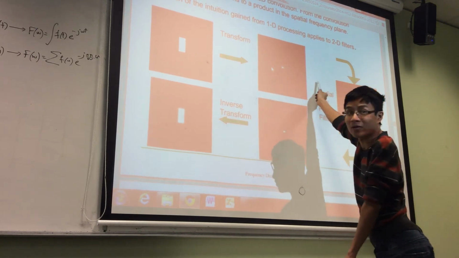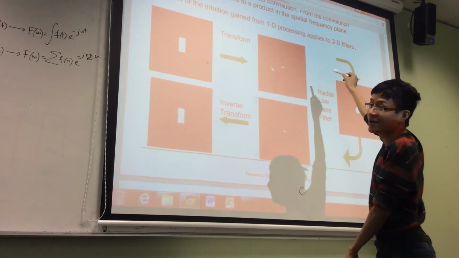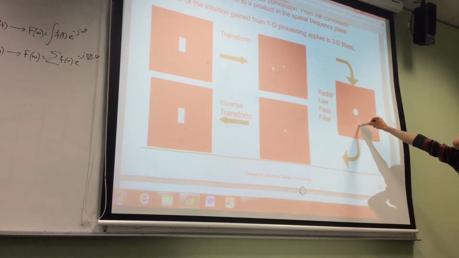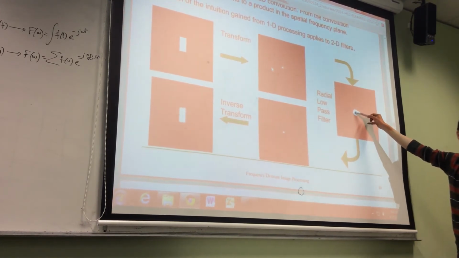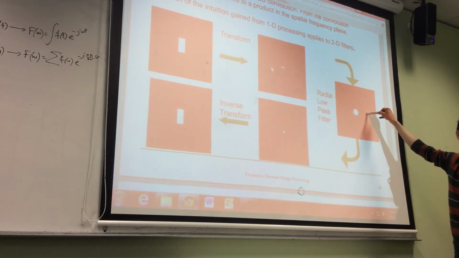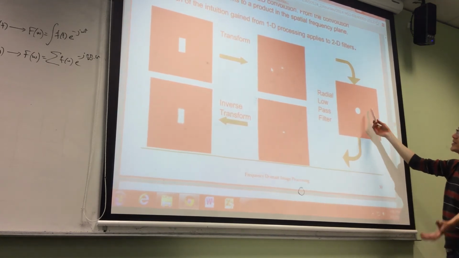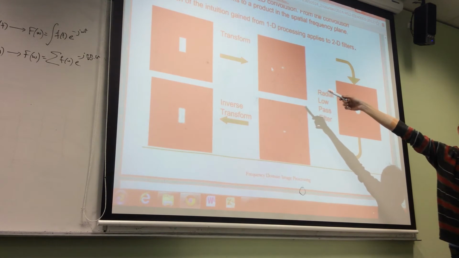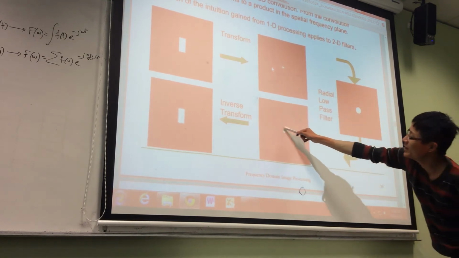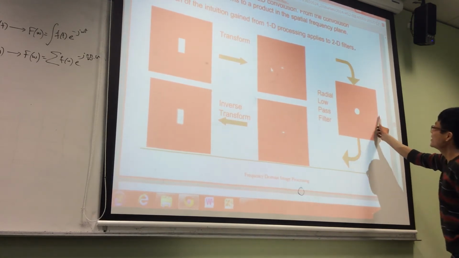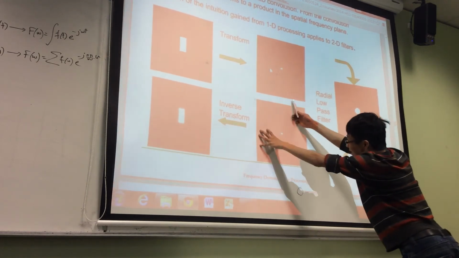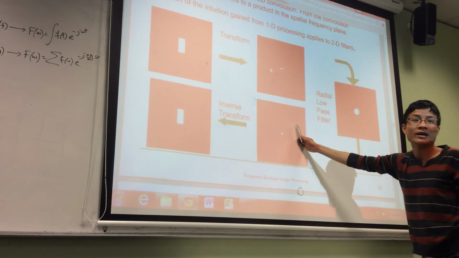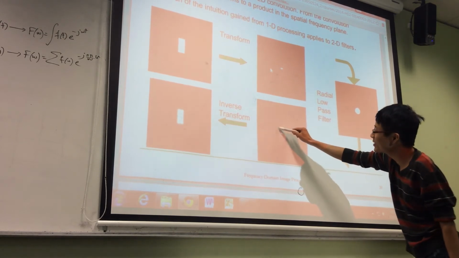Then you apply a low pass filter, which is 1 in here. 1 means white, 0 means black. So you simply take this term dot, whatever is 1 will be kept, whatever is 0 will be removed. So there will be nothing outside here. It's only this thing.